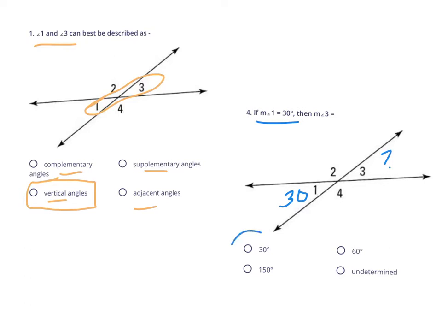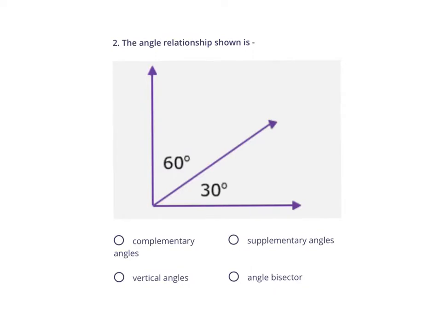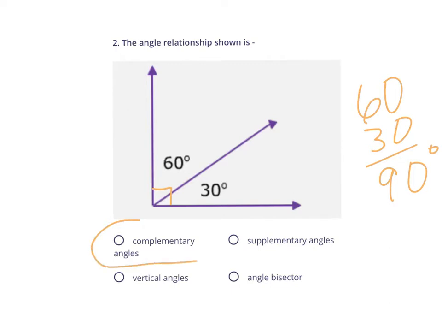It would be 30 degrees as well, because vertical angles, when they're across from each other, are congruent. They're the same measure. You'll see a problem that makes a right angle. 60 and 30 is 90 degrees. If they make a right angle, then these are called complementary angles. Complementary angles add up to 90 degrees.